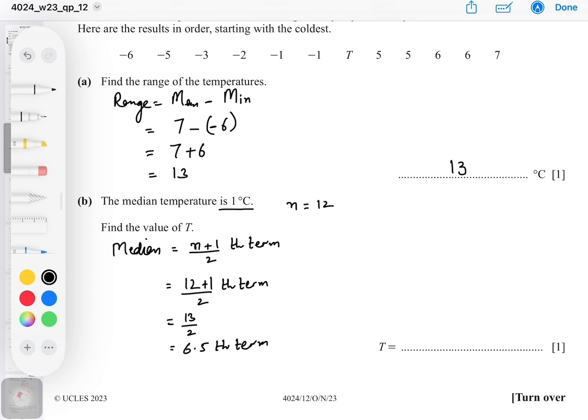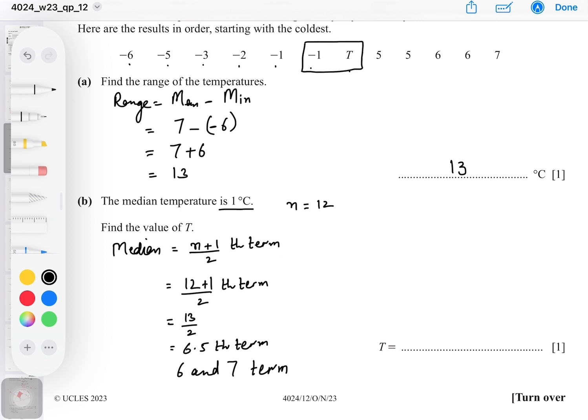So 6.5th term means this is the average of 6th and 7th term. So we will check that 6th and 7th term is 1, 2, 3, 4, 5, 6 and 7. So this is actually 6th and 7th term.